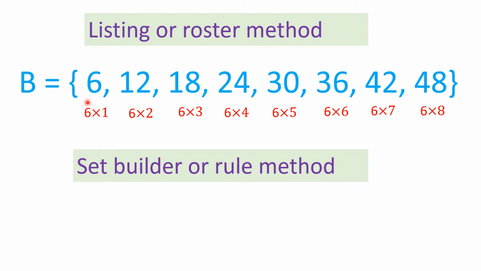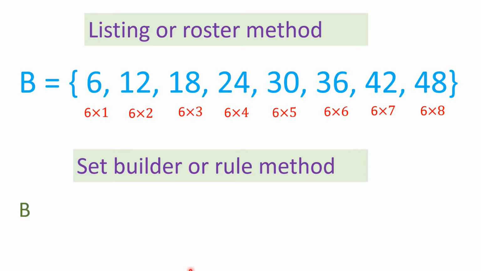For the first number you get 6 into 1, the second 6 into 2 is 12, 6 into 3 is 18, and so on. So you obtain each number by multiplying 6 and some natural number, and that natural number can be anything from 1 to 8. So this gives us the rule for this set.